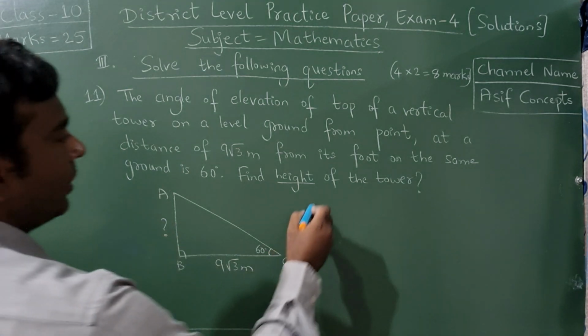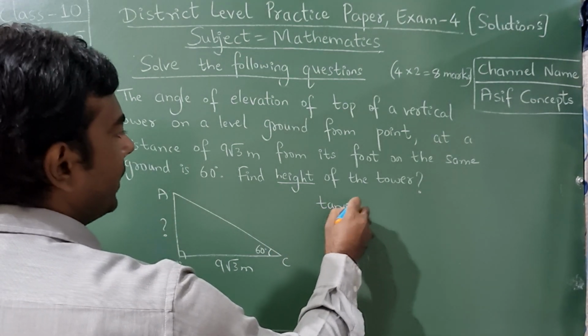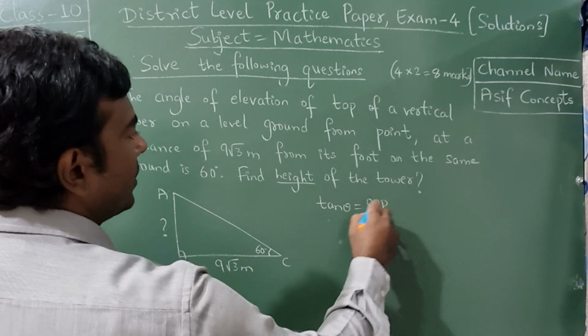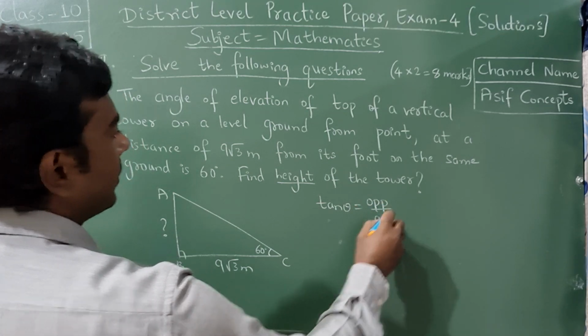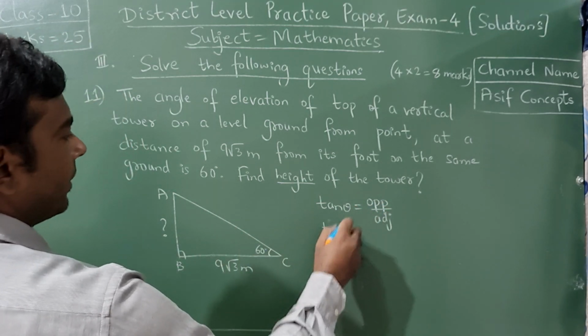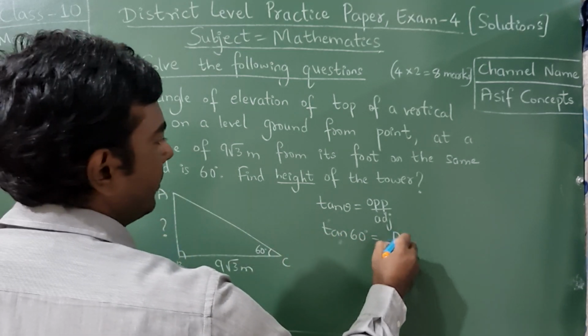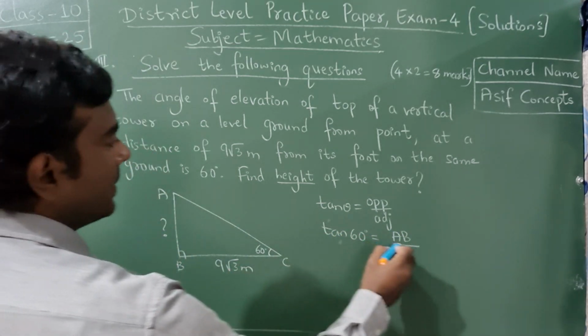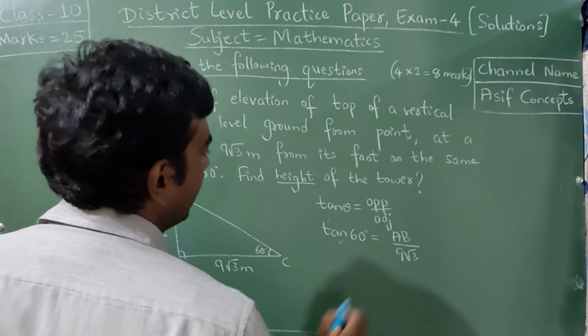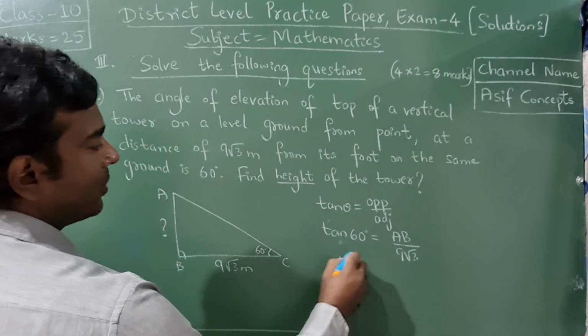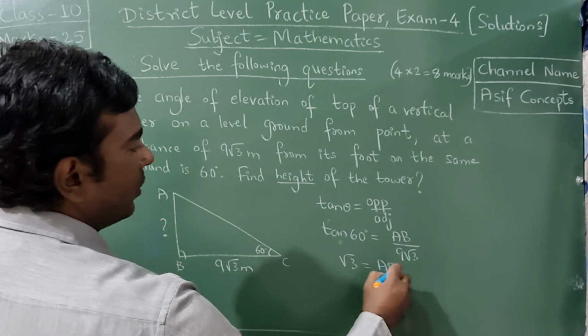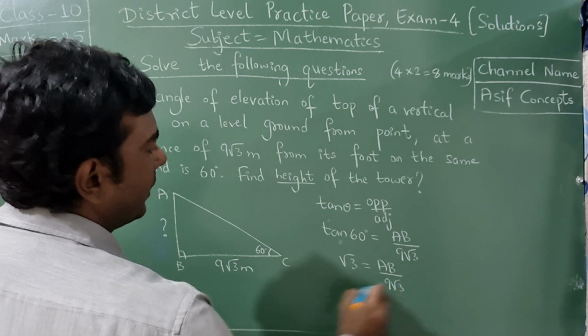So this can be solved by taking tan theta. So tan theta is equal to opposite by adjacent. So tan theta value is 60 degree. Opposite is AB and adjacent is 9 root 3. Okay. Tan 60 is root 3, which is equal to AB by 9 root 3.